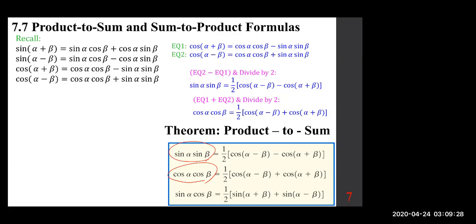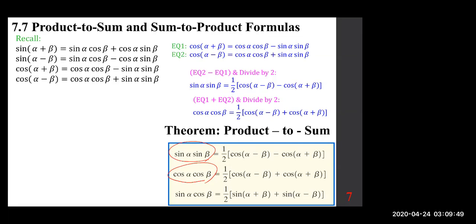I hope you can see that. So equation 1 plus equation 2 divided by 2 gives us the second one. Equation 2 minus equation 1 divided by 2 gives us the first one.